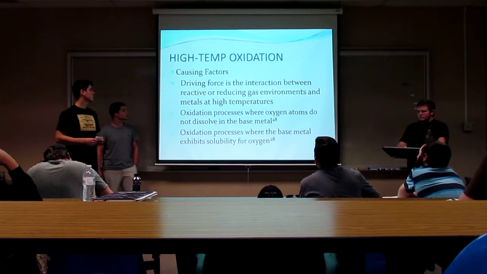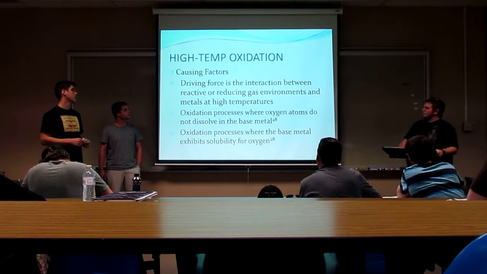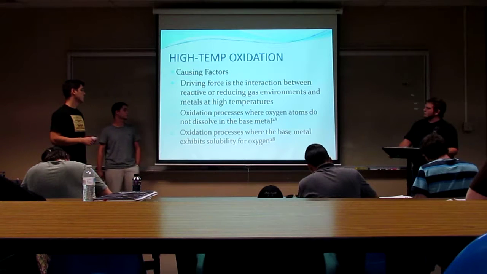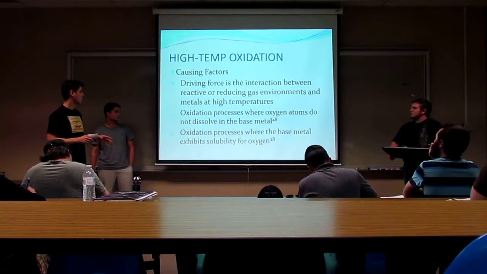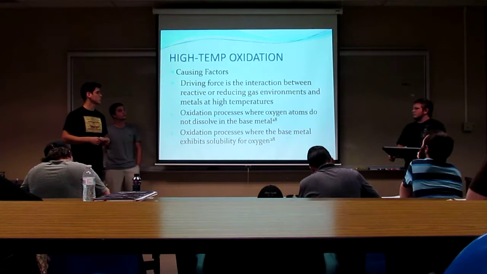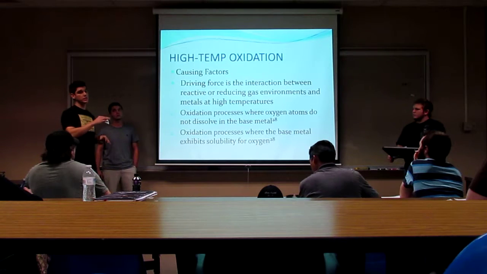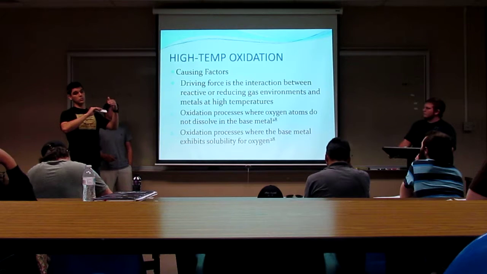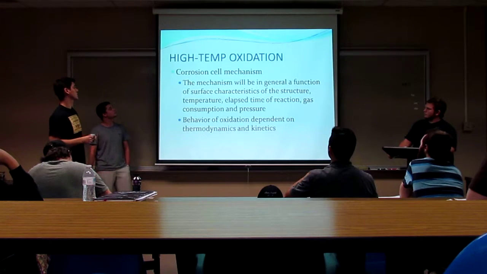The causing factors, the driving forces, are the interaction between reactive or reducing gas environments and metals at high temperatures. You're going to have an oxidation process where the oxygen atoms do not dissolve in the base metal, and an oxidation process where the base metal exhibits solubility for oxygen. So there are really two areas where oxidation is going to happen: on the metal itself or on the oxidation scale, which is going to grow.